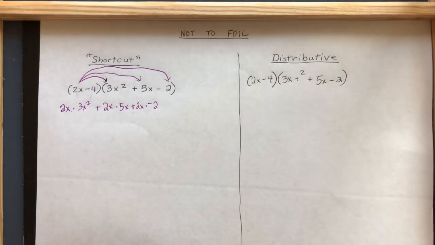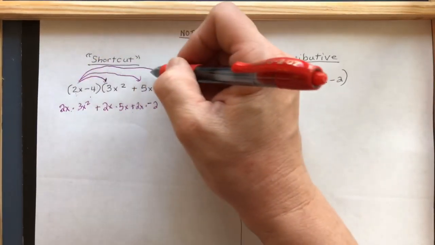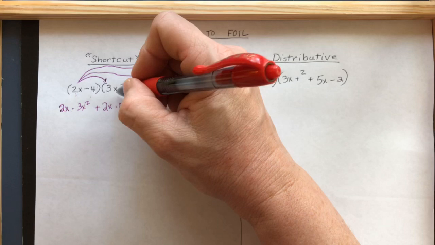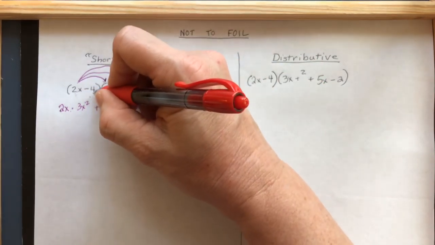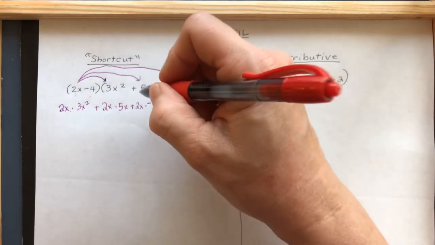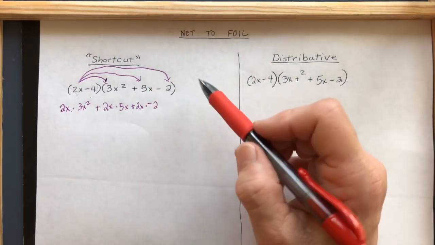Now I'm going to use the space underneath because I've used up so much of the space above this problem. So I guess I should have left a little more space before I started solving. But now I have a minus 4, so be really careful of that. You may change it to plus a negative, and then you'll be multiplying everything times negative 4. Or you may just think minus 4 times each of these terms.